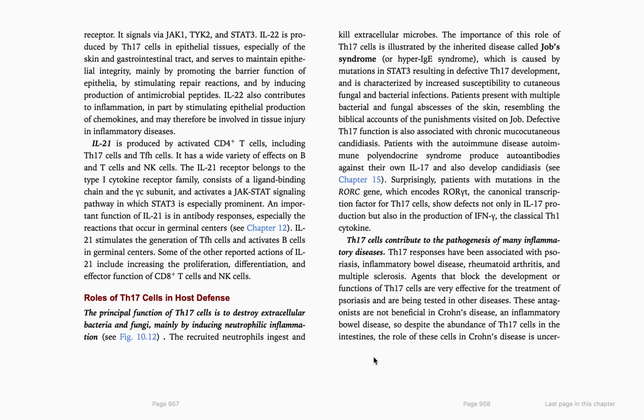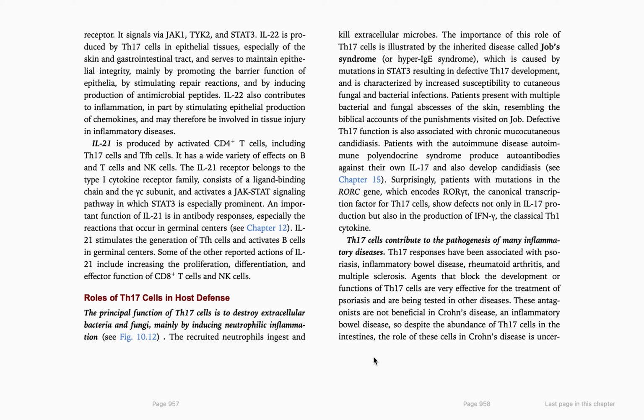An important function of interleukin 21 is in antibody responses, especially the reactions that occur in the germinal center. Interleukin 21 stimulates the generation of T follicular helper cells and activates B cells in the germinal center. Some of the other reported actions of interleukin 21 include increasing the proliferation, differentiation, and effector function of CD8 T cells and natural killer cells.